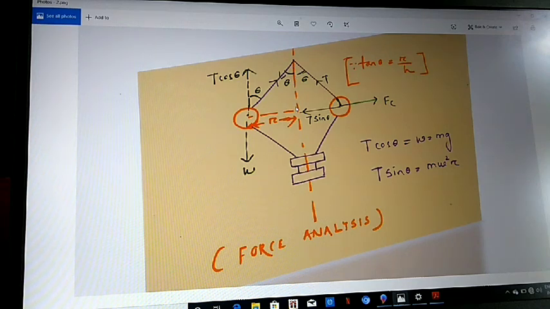It is a right angle triangle formation. So tan theta will be P by B, where P is the perpendicular and B is the base of this right angle triangle. P is nothing but the radius of rotation R, and B is the height. So tan theta will be R by H.